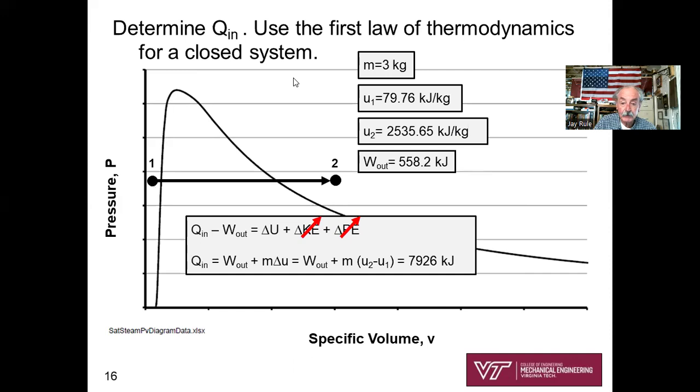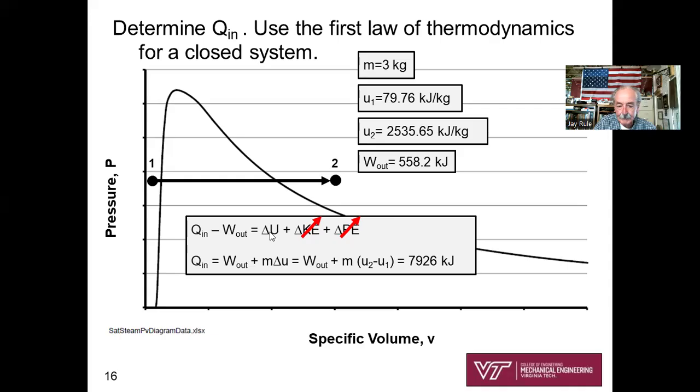Okay, next, let's see, what do we got? Now we're going to write the first law of thermodynamics to work on the heat transfer. That's the only way I know to get the heat transfer. So we'll write it out of our heads. We don't need a formula for this. For a closed system, Q in minus work out is equal to delta U plus delta KE plus delta PE. No change in kinetic or potential energy. We'll strike those out.